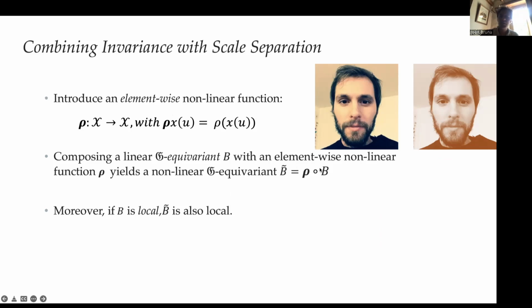But because this operator B is equivariant and this operator rho only looks at pixels individually, I get this commutation property, right? And I think this is an important exercise that I encourage you to verify by yourself, okay?